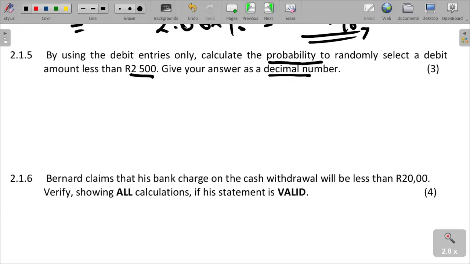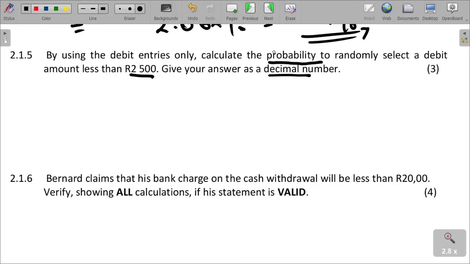We need to find out the number of debit entries, and then identify how many of them are less than 2,500. That's what the question wants us to do.